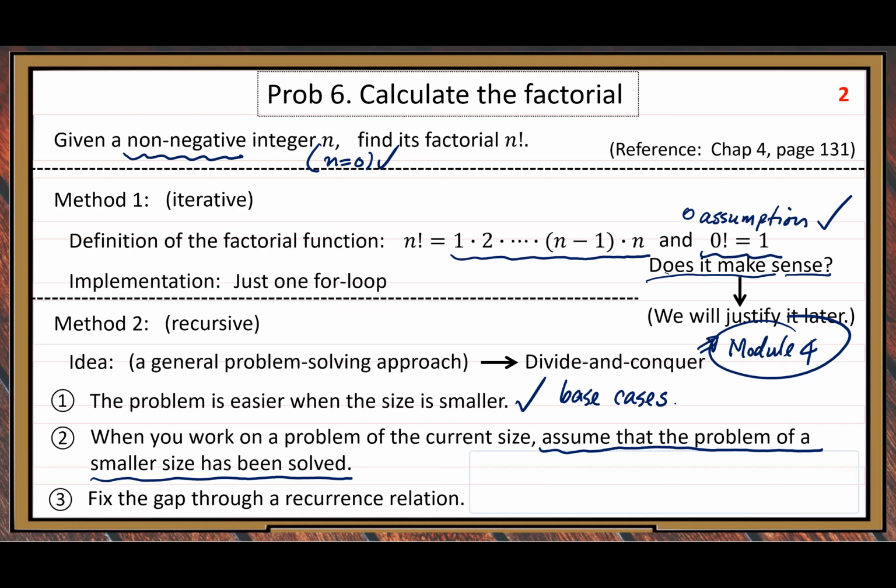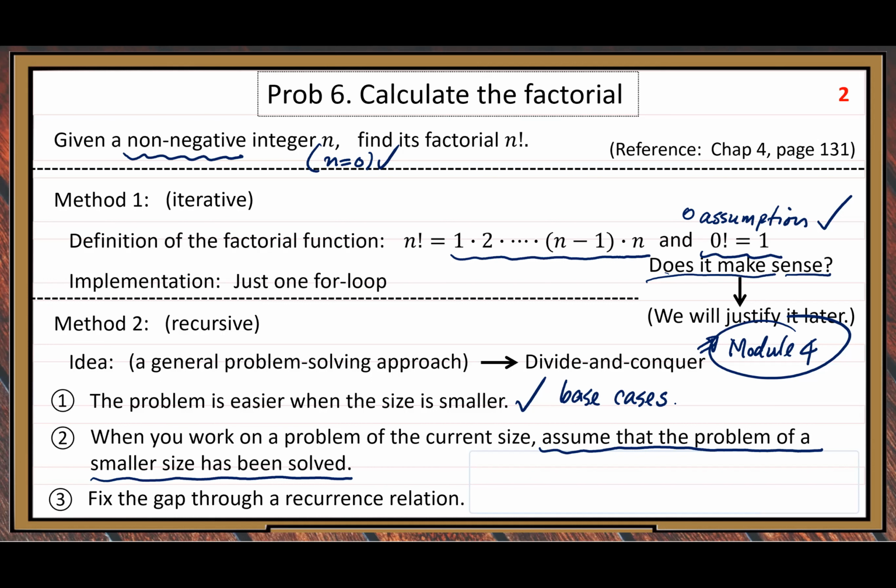The current problem size is larger and the previous problem size is smaller, the same problem with two different problem sizes. There is some gap. We need to fix it.